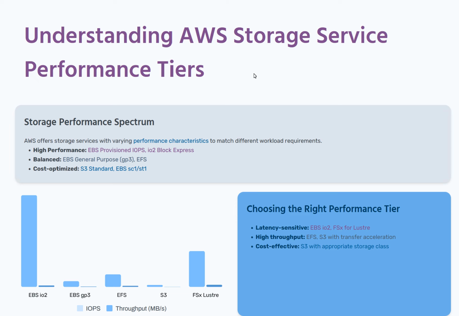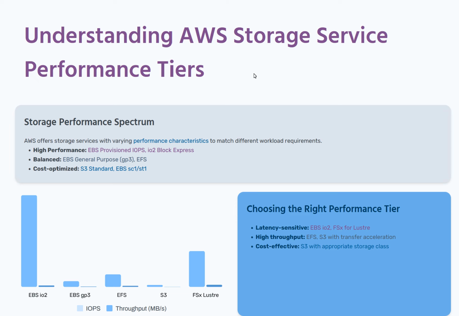If you need a network file system with Linux based, you can go with Elastic File System, EFS. And then if you want a cost optimized and less performance type, you can go to S3 Standard, that is the object storage, or EBS mechanical type of hard disk, either SC1 and ST1, which are the cold and throughput optimized hard disk types, right?